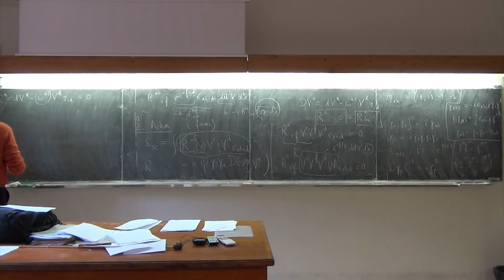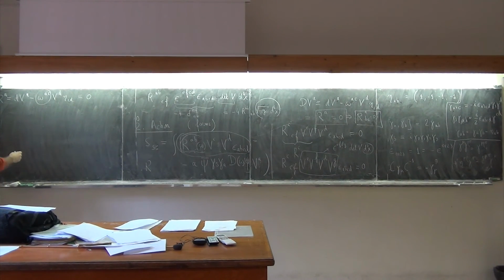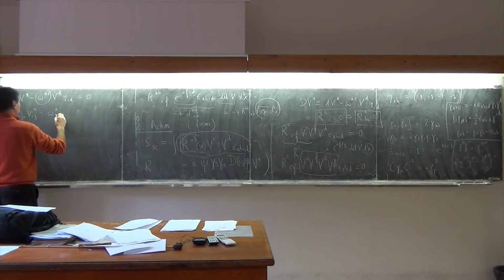Okay, so the trick is the following. We expand this equation on a coordinate basis. So on dx mu, dx nu. This is a two-form. So on a coordinate basis, it will become the curve of VA minus omega A. Well, I will write it like this. Mu nu.